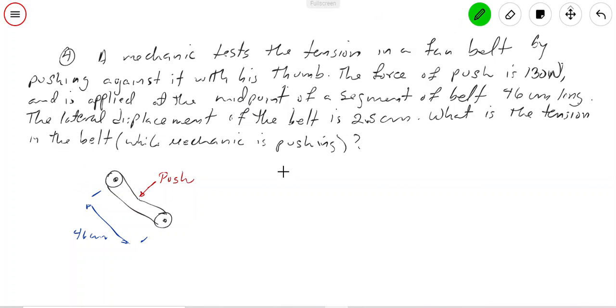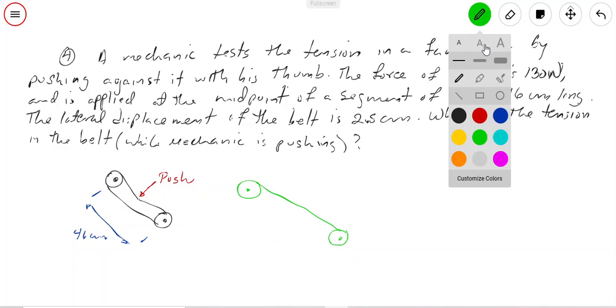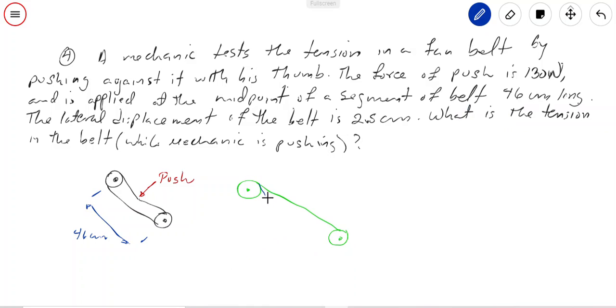So let us say that this line will be representing the belt when there is no push. The belt when there is no push is going to be straight. But due to the push, the belt really takes this geometry.